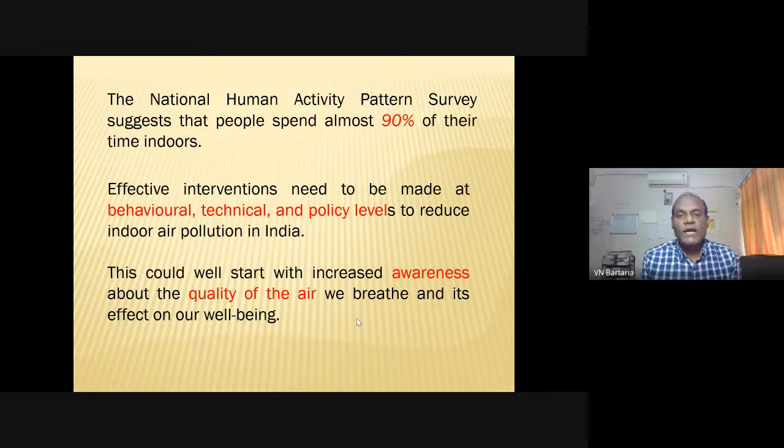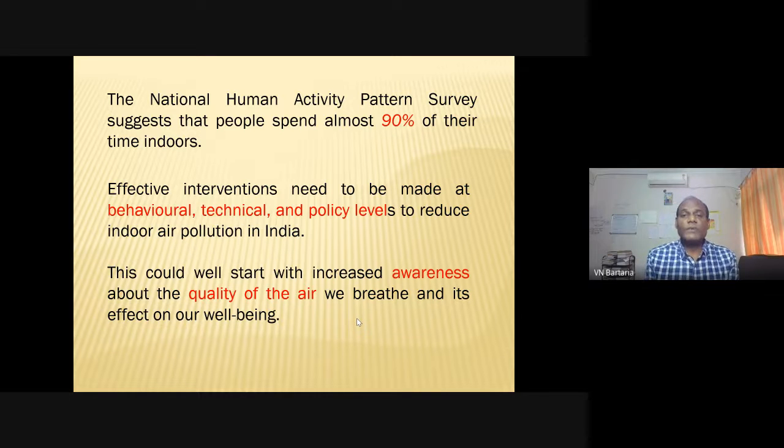This could well start with increased awareness about the quality of the air we breathe and its effect on our well-being. So we have to become aware of the quality of the air which we are breathing and its effect on our well-being.